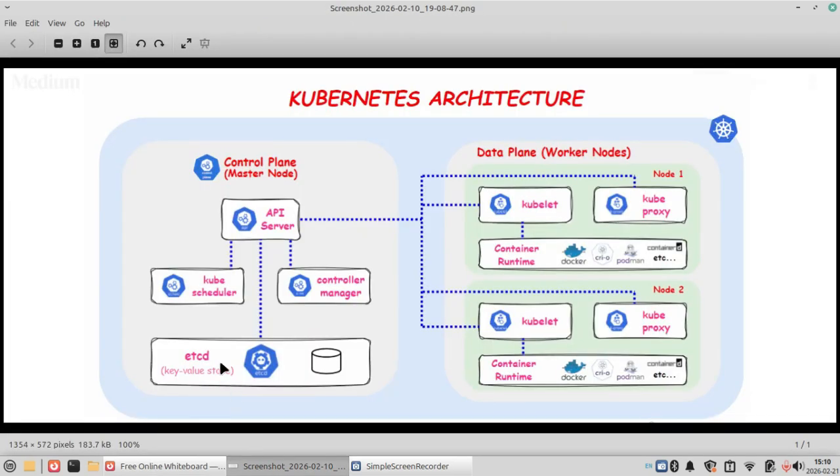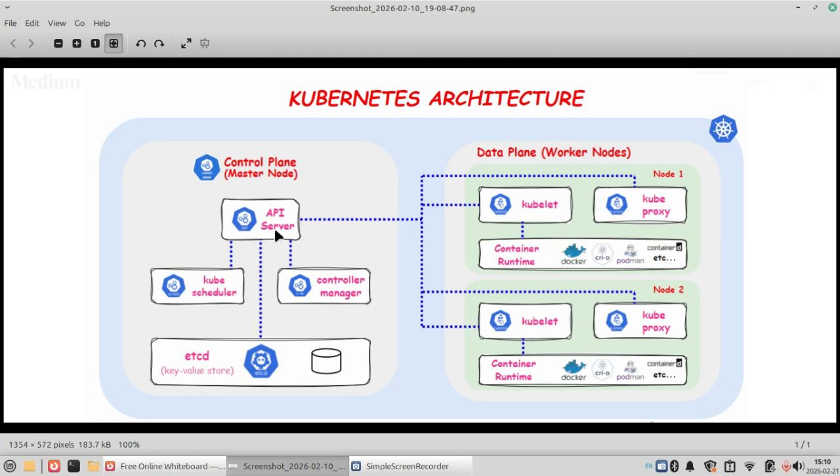If we take a look at this diagram, the left hand side is the control plane and the right hand side is the worker nodes. These are the components of the control plane: we have the API server, the kube scheduler, the controller manager, and etcd. These are the heart of Kubernetes.